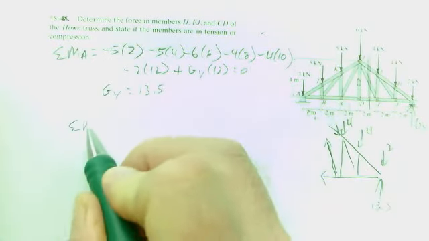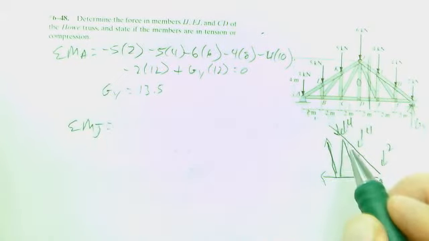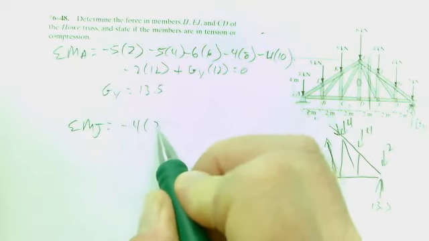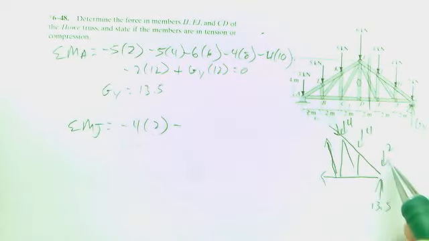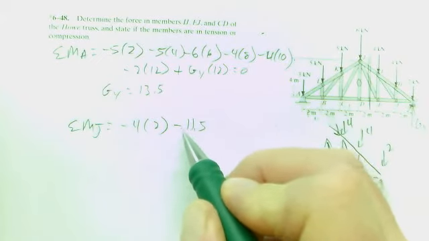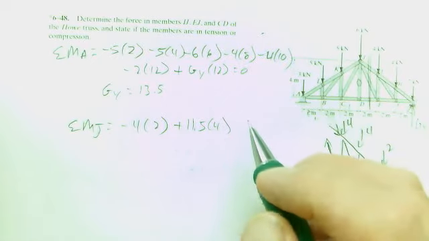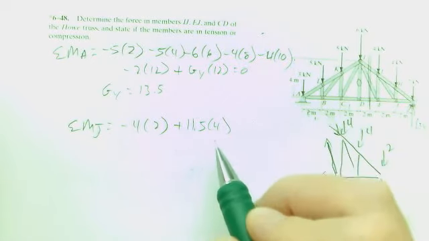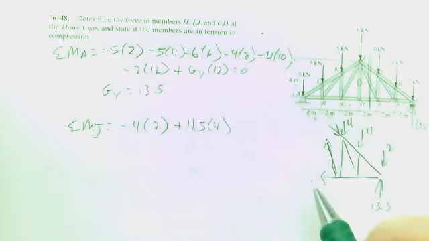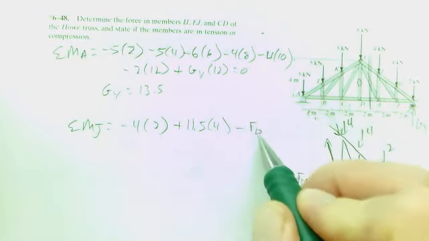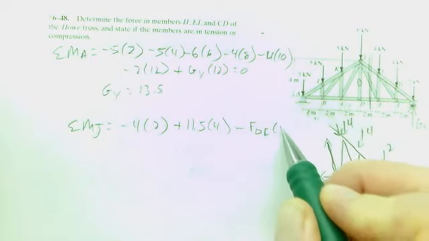So if I sum the moments about J, the 4 doesn't matter. That 4 does, so -4 times 2, and then 13.5 minus 2 is 11.5, and that's going to cause positive rotation times the distance 4. And then I got the force here, FDE, and that's going to cause negative rotation times 4.